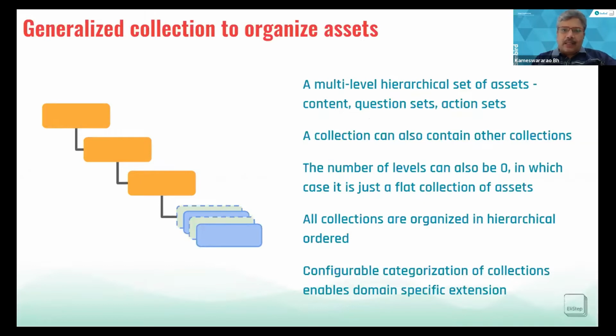This is quite similar to the other generalization that we have seen earlier, right? Of content or question sets, where the objects itself are generalized, and all the operations happen at the object level, and they can be extended to solution specific or domain specific categories to give the flavor, right?